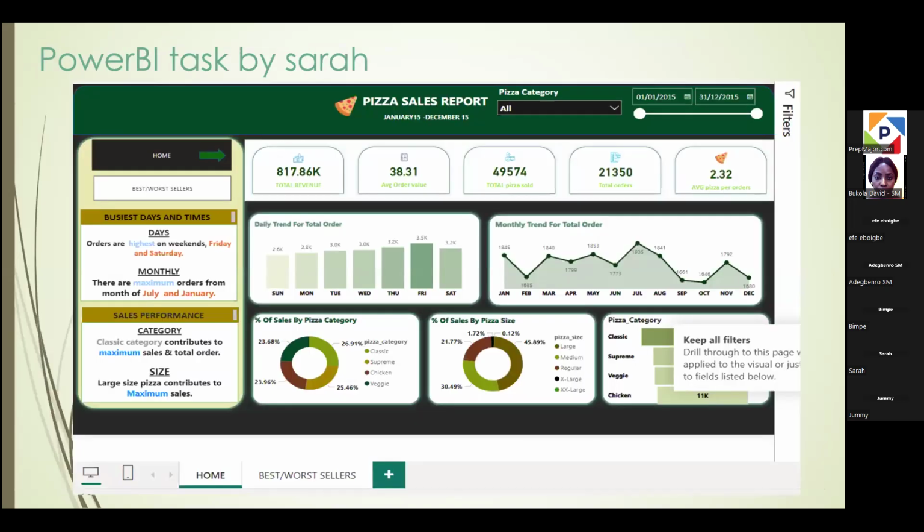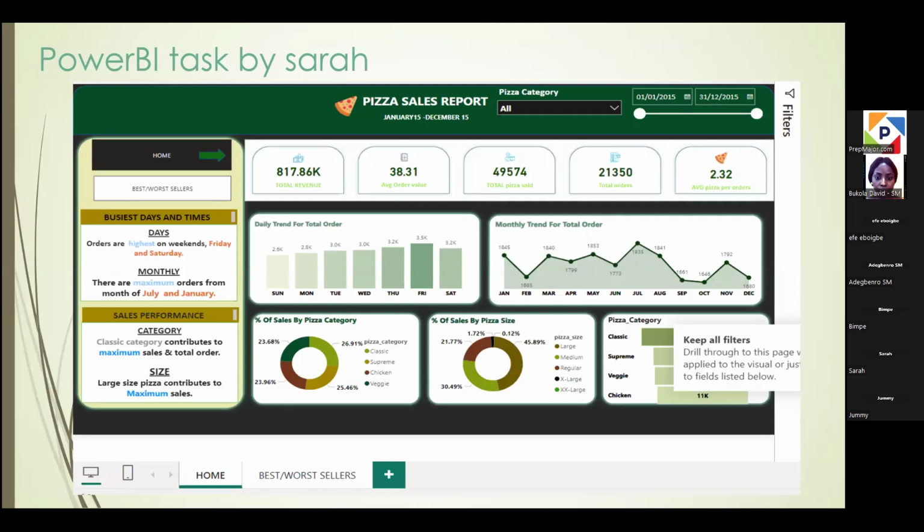My client also wanted to see it in a visual manner, so I used Power BI to visualize those. If you look at the KPIs here, the total revenue still tallies with the SQL revenue.